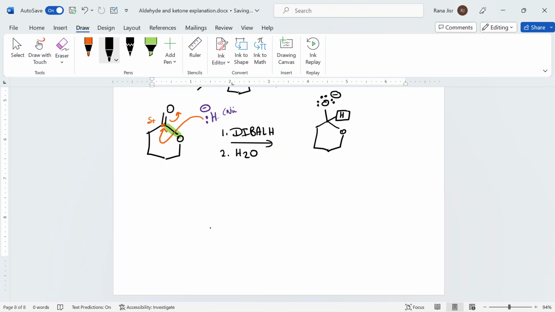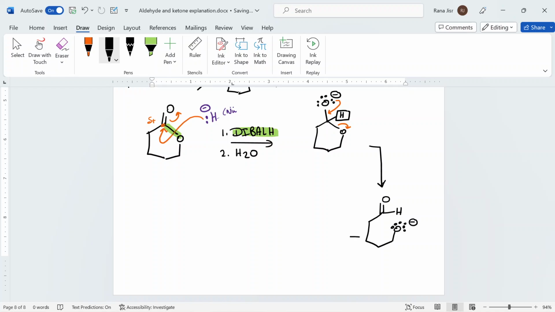So now what is going to happen is that the lone pairs are going to form a double bond, and this is going to leave to form a negative charge on the oxygen. Okay, so I'm going to end up having a carbonyl. This is going to be my aldehyde. So we agreed that bulky or hindered reducing agents are going to form aldehydes as a product. And I'm going to end up getting my O negative charge in there.